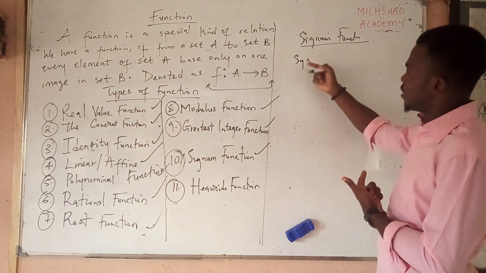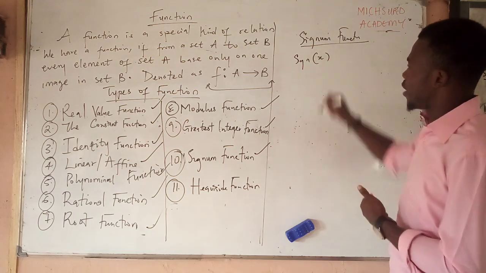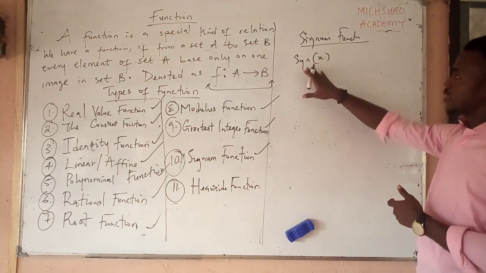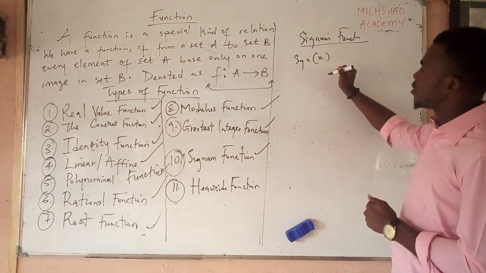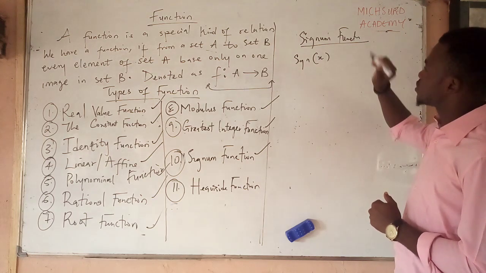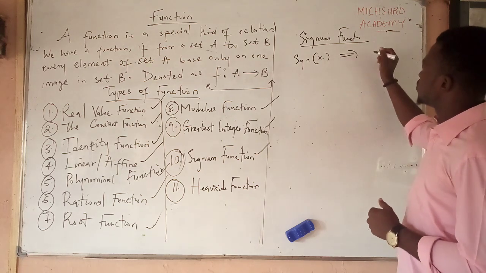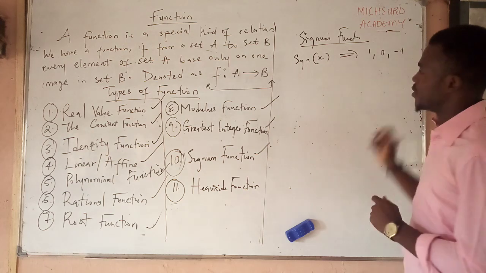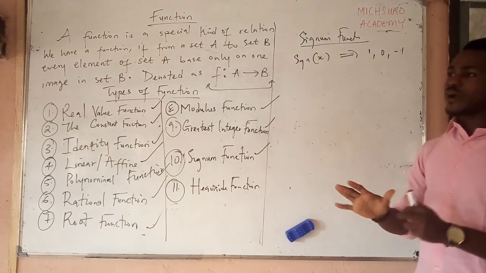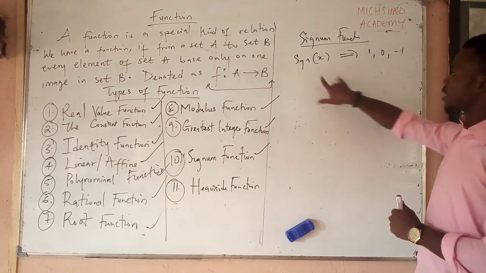Now you are asked to find the signum function of x. This signum function is a function that takes values only 1, 0, and minus 1. So these three values are the only values you can get for the signum function.